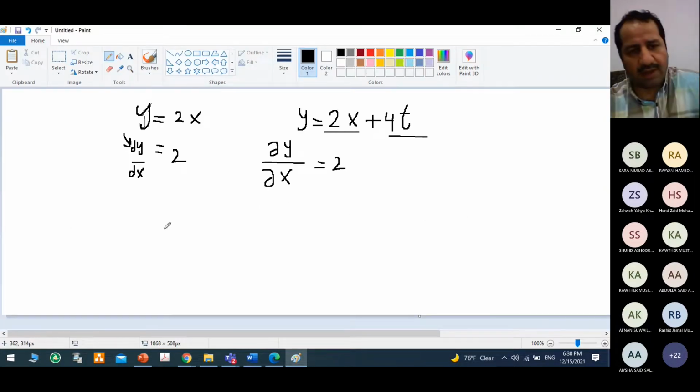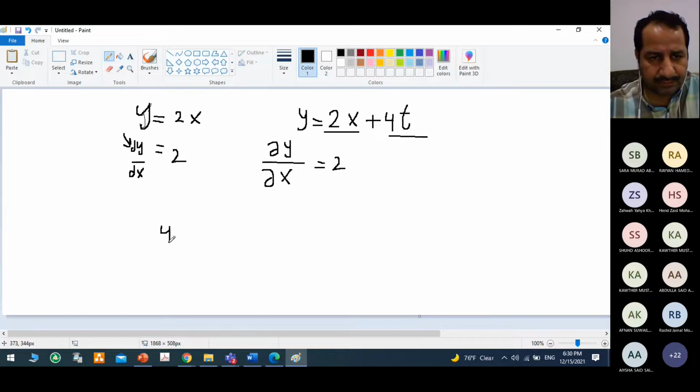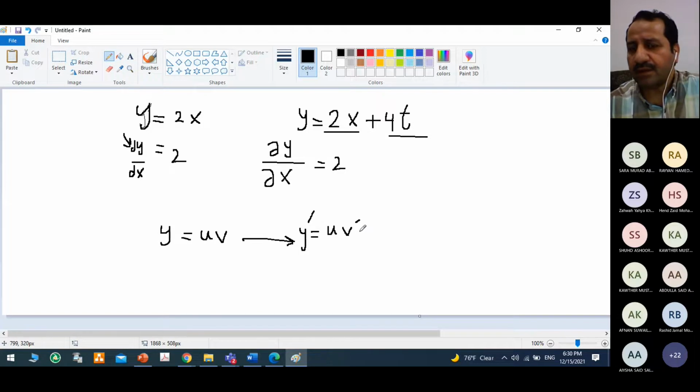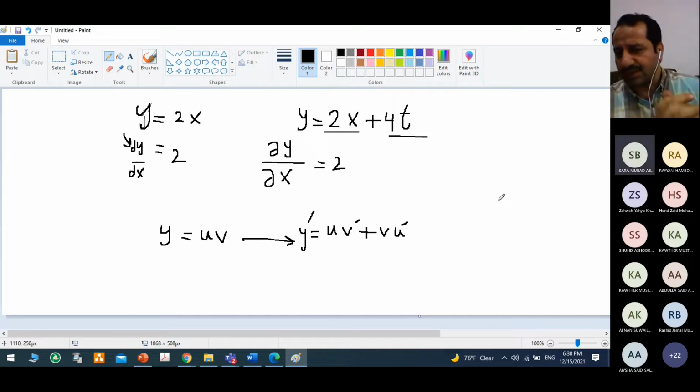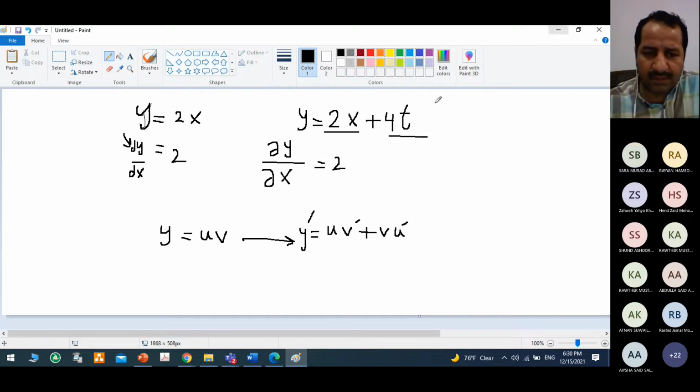When you have y equal u v, and we want to find y dash, we say u v dash plus v u dash. You remember this when we have multiplication of two functions? The same thing can be applied here.